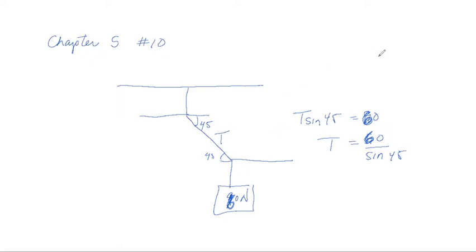So the tension there has got to be 84.8 newtons. All right. Okay, so T cos 45 is going to be equal to this force, that one, and that one. So that's going to be 84.8 newtons cos 45. That's going to be exactly 60 newtons.